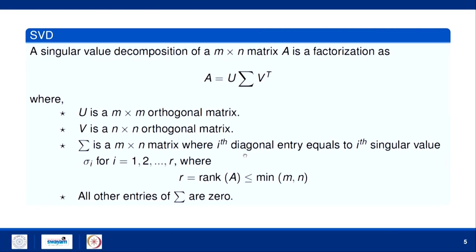As I told you, sigma is an m by n matrix where the ith diagonal entry is equal to the ith singular value sigma i for i equals 1 to r, where the rank of A equals r. All other entries of sigma are 0.